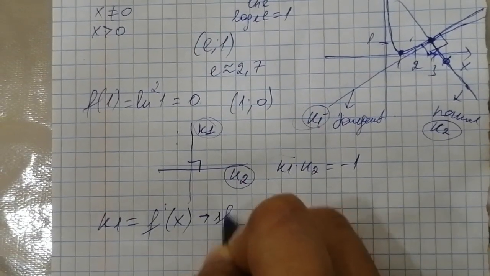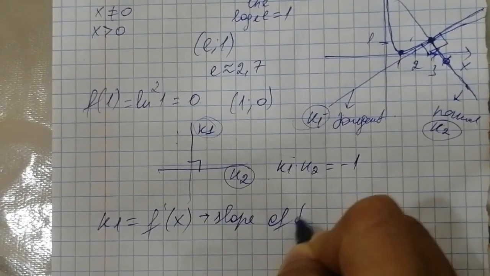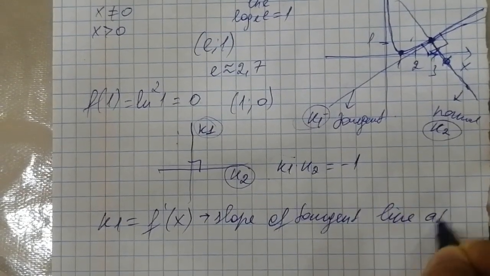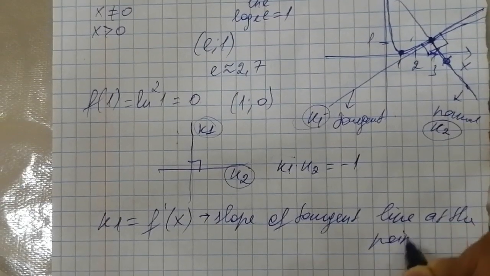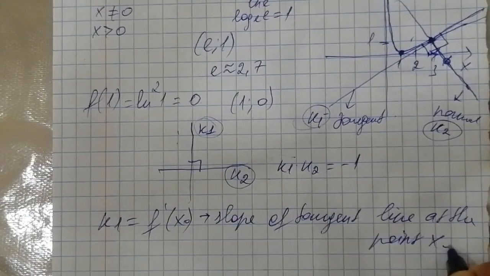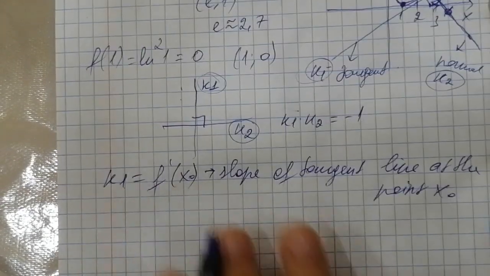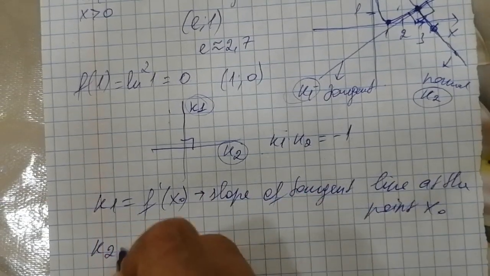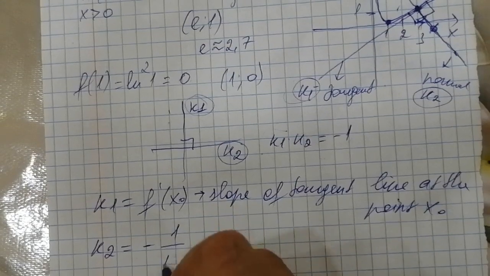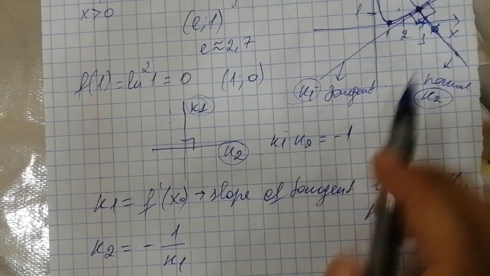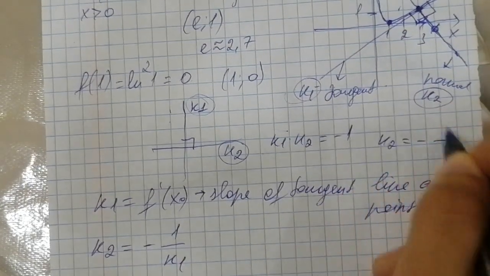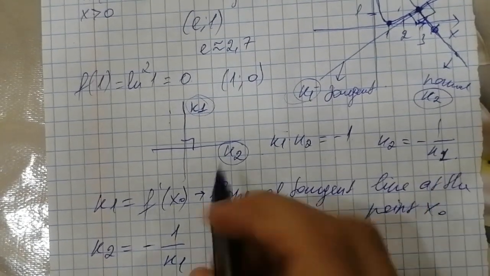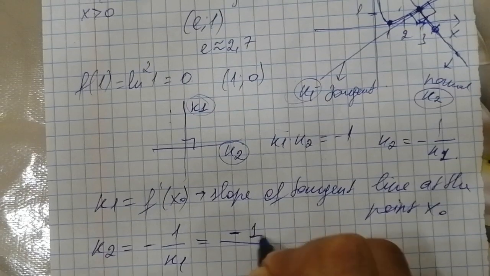This is the slope of the tangent line at the point x0. Then if k1 is equal to the derivative of f at x0, we can easily find that k2 is equal to negative 1 over k1. So k2 is equal to negative 1 over k1.